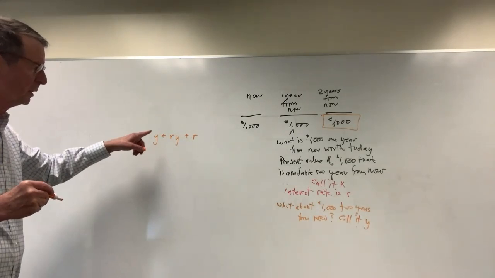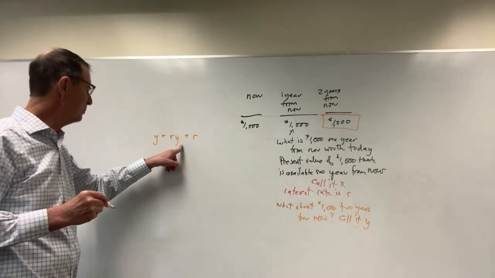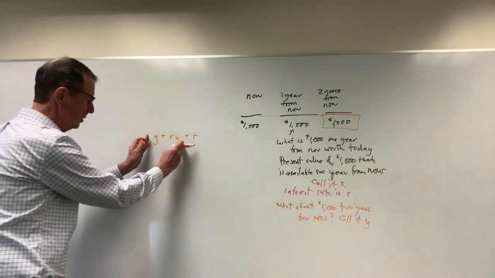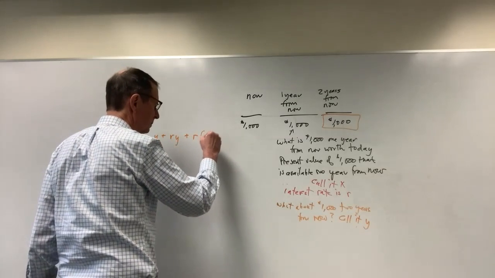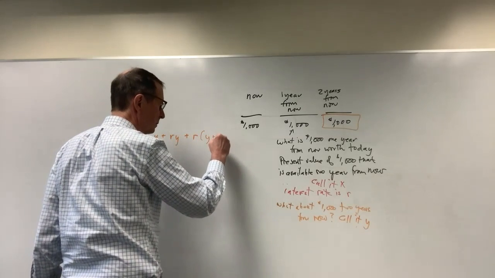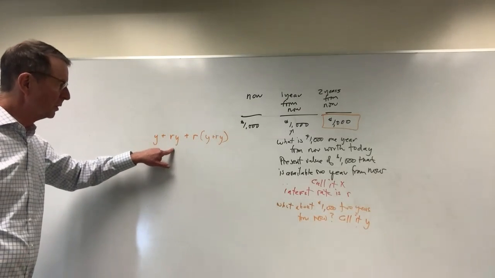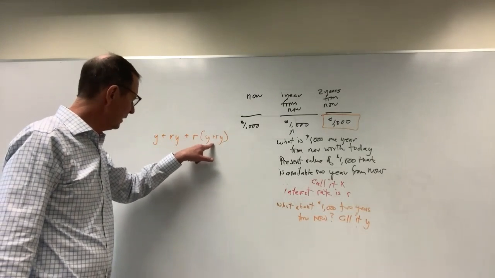And the interest that we can earn in the second year is going to be the interest times the amount of money that's available at the beginning of the second year, which is just going to be Y plus RY. So we've got Y, we've got the interest that we earn in the first year, and then we have the interest that we earn in the second year.